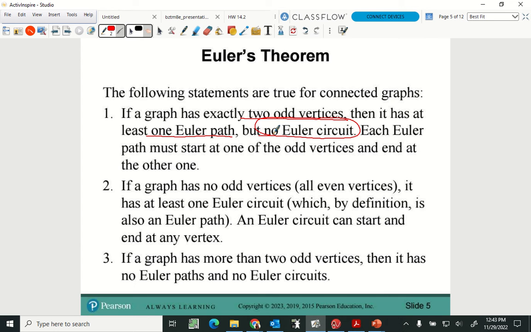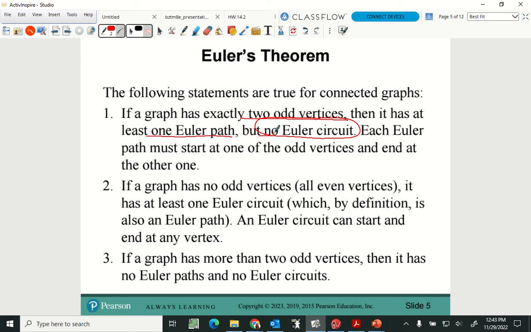It doesn't connect again, right? But you will connect all the lines. All the lines will be traced over, but we won't come back to the beginning. That's if we have exactly 2 odd vertices.